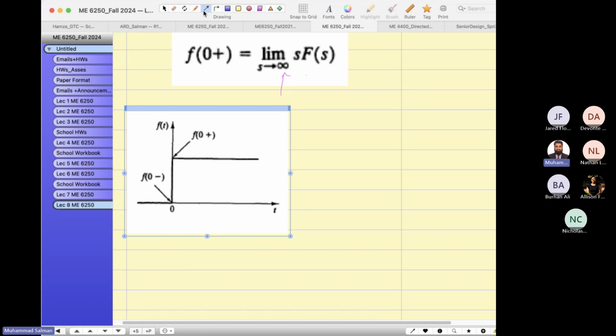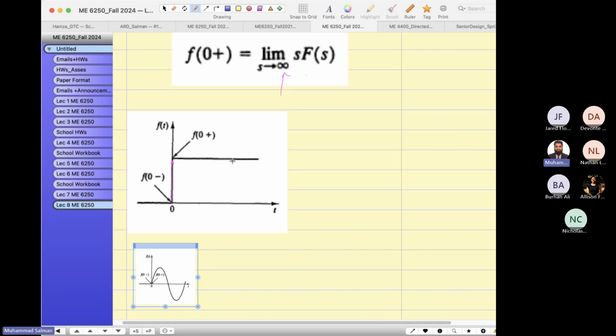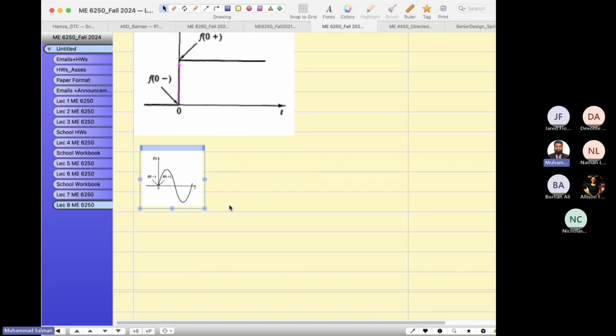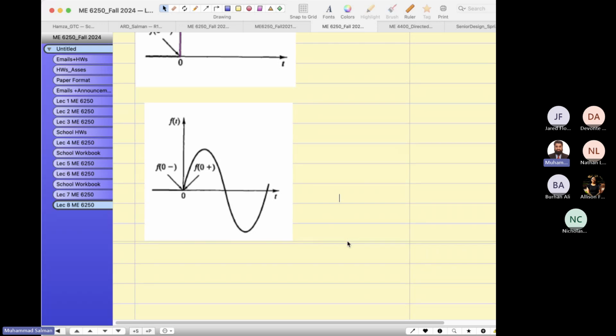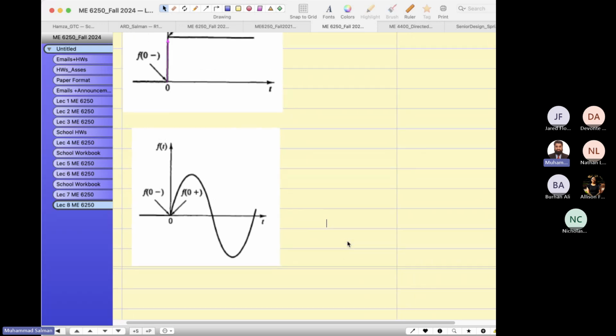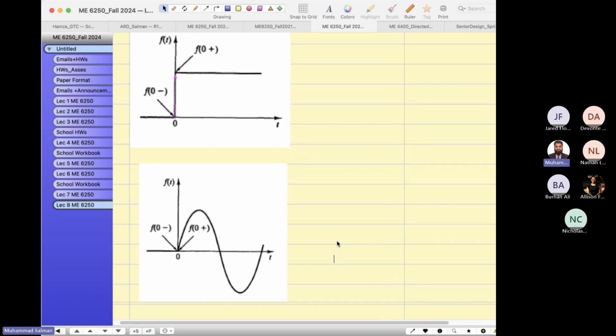And you can see there is a sudden discontinuity, like a sudden rise, for a step function. But if I take the sinusoidal function, there is no discontinuity here. The f of 0 plus and f of 0 minus meet at a location, so you will see the same value here.